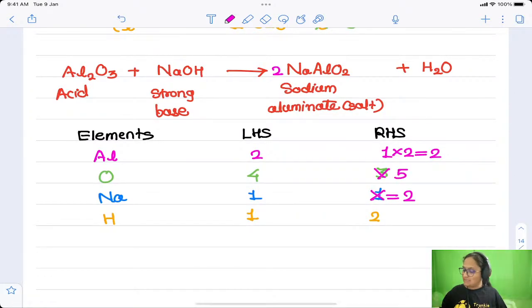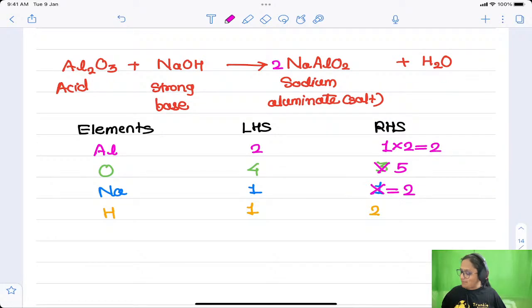Therefore now it is time to balance the sodium on the left hand side, right? Sodium on the left hand side was 1, now we have to multiply it by 2, so it will become 2. So I have multiplied this by 2, right? By doing so, not only sodium but oxygen and hydrogen have also changed.